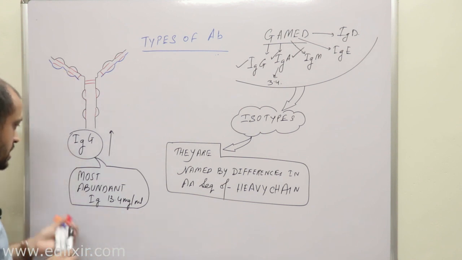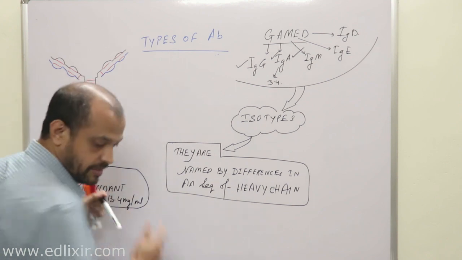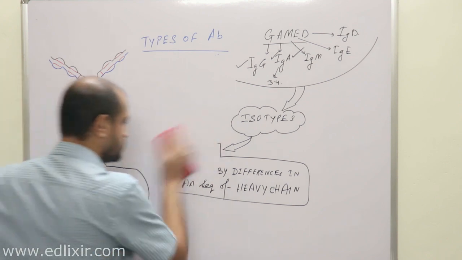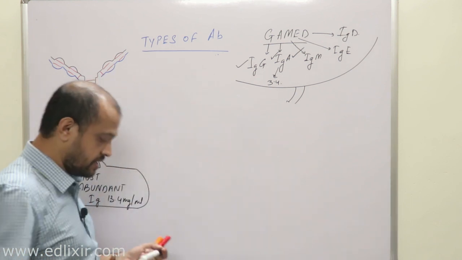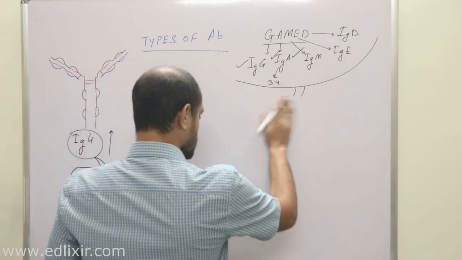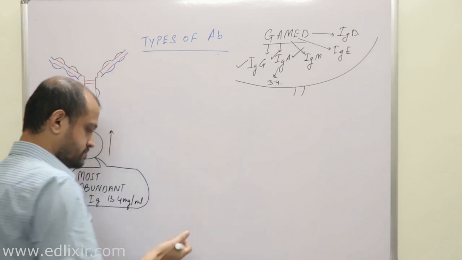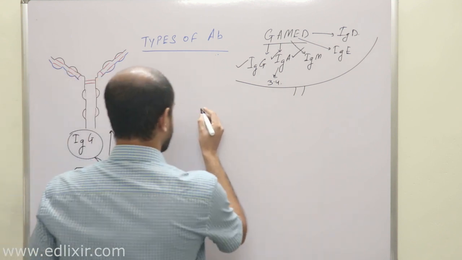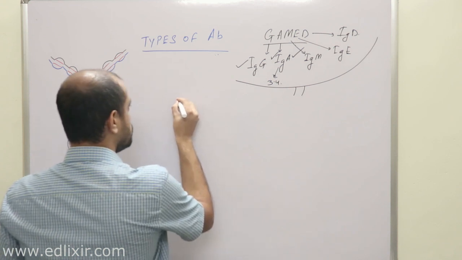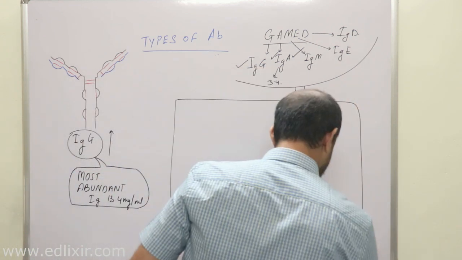Now listen, there are actually many heavy chains which are produced by different types of procedures. We'll talk about that later, but right now we need to talk about this thing.